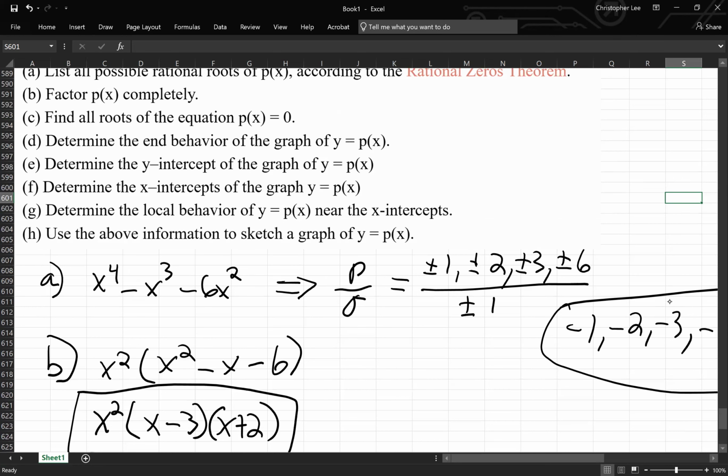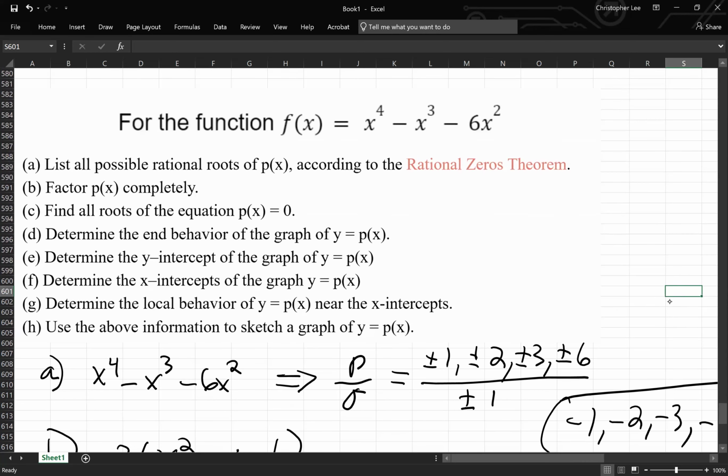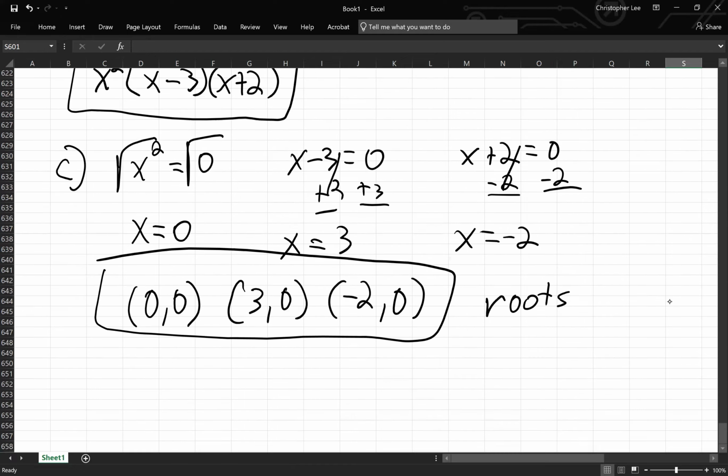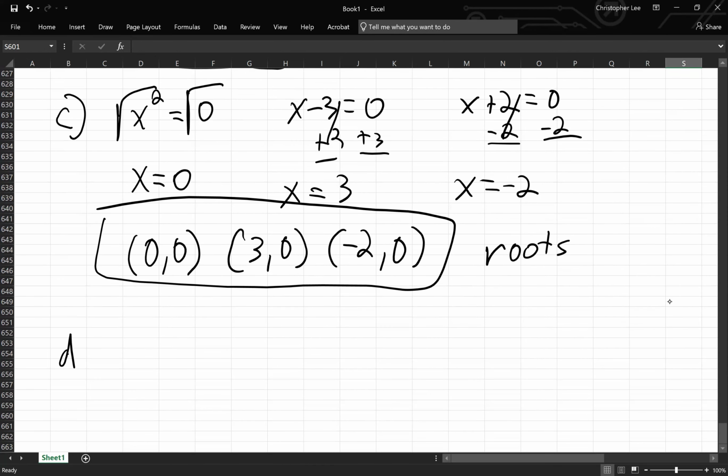They want to know the end behavior of this, right? Well, this is a fourth degree polynomial, and the leading term is positive right here. X to the fourth is positive, right? So what should my end behavior be? Your end behavior should be something that looks like a parabola. You might not know what's going on in the middle, but you know that something like this is going to go on. This is your end behavior.